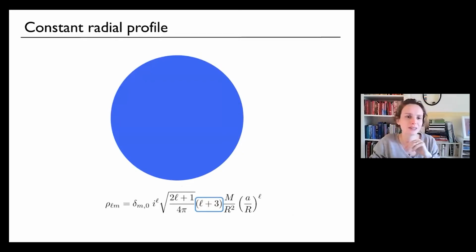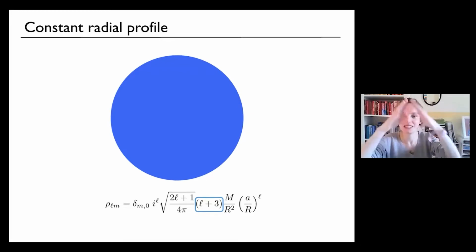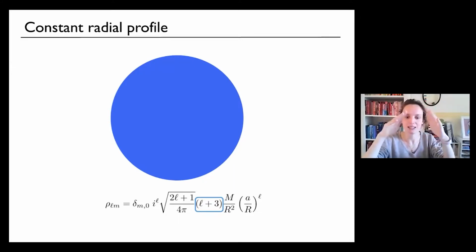You may say, okay, I don't like constant radial profiles, I want some decaying profile. You can also do that. We've explicitly constructed the model with, say, a sort of cosine dependence.